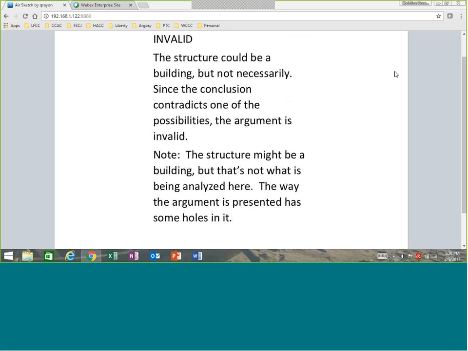So all it takes for it to be invalid is that there is one possibility that contradicts that conclusion. All it needs is one, and you say invalid. In order for the conclusion to be valid, the picture has to not contradict anything in the conclusion. They have to match up perfectly. I just want to note again that the structure might be a building.